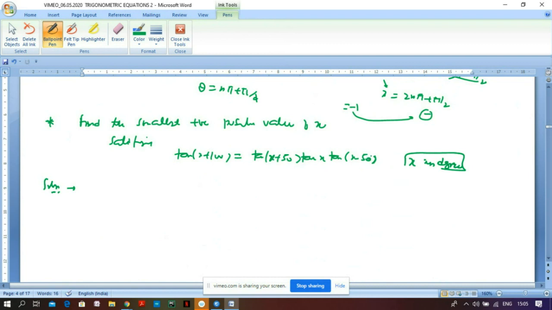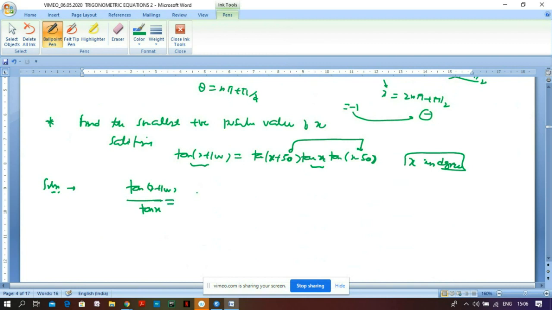Notice, this is JEE 93. Notice this thing, that x plus 50, x minus 50, you love them because they seem to be symmetrically placed. As maths people, we love them. But x plus 100, x, they don't go really that well. But we have no choice. So we will write tan of (x plus 100) over tan of x.